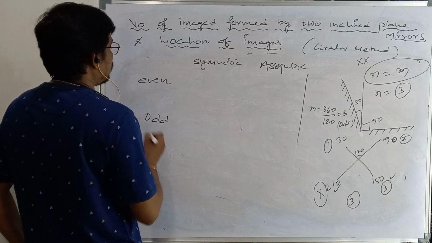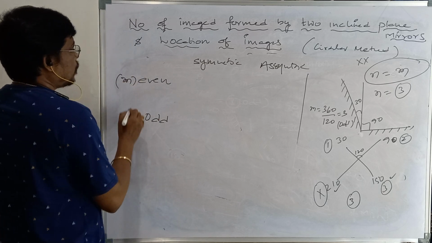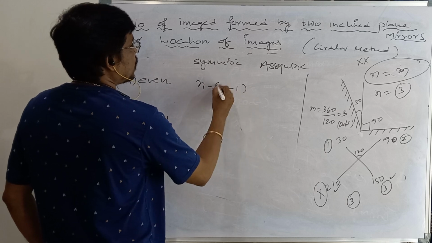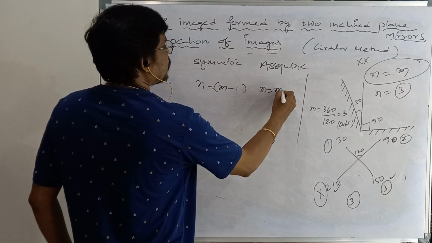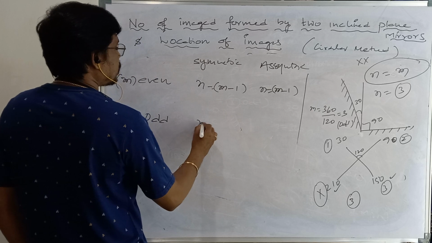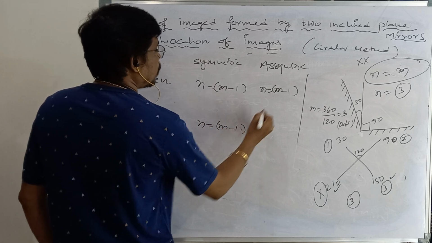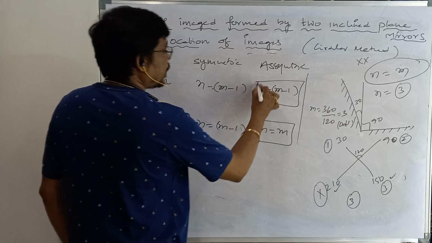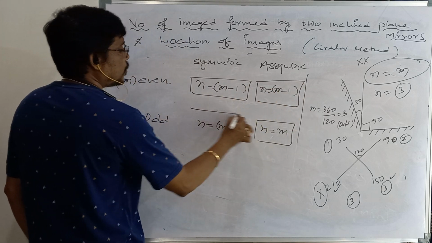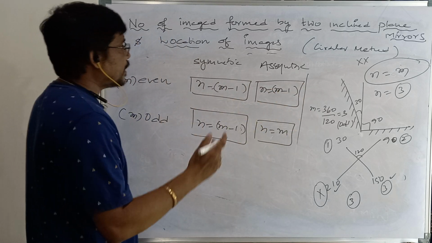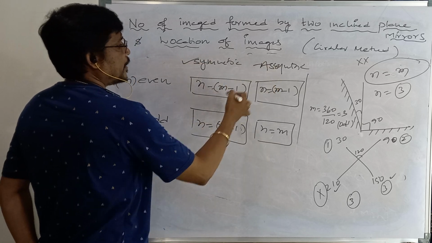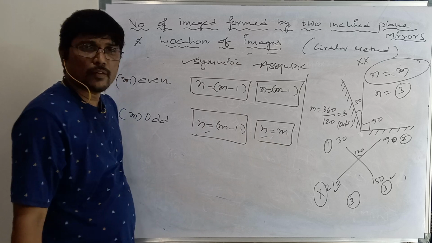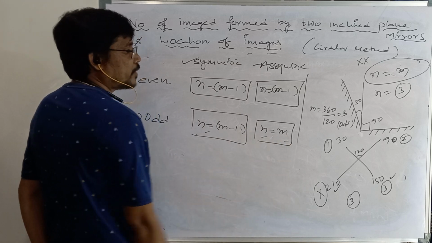For even condition, m is equal to even, and number of images formed is m minus 1. Here also same, n is equal to m minus 1. But here n is equal to only m. See, the table is very useful and very easy. You can easily understand symmetric and asymmetric same, and odd symmetric same. For odd asymmetric, n is equal to m.